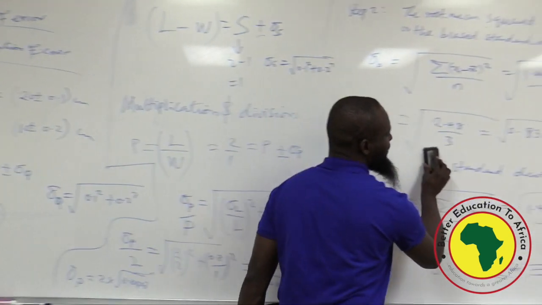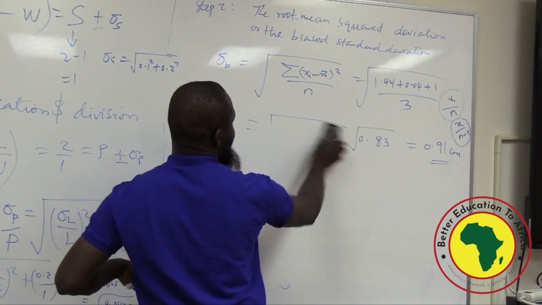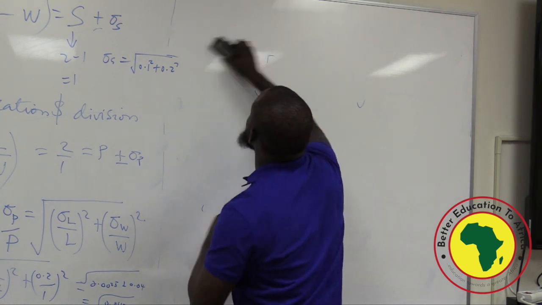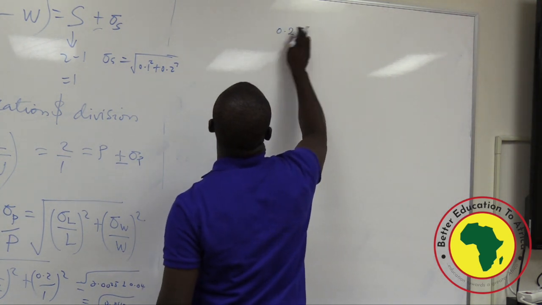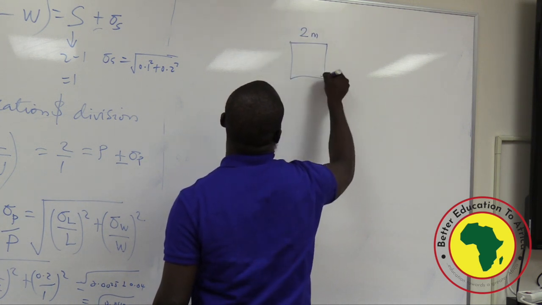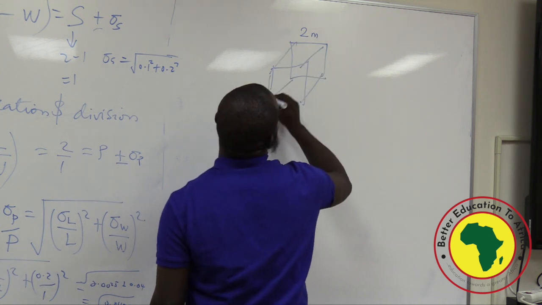But we'll have a power for the error. For example, say we have to calculate the volume of a cube, okay, of sides 2 meters. So we'll have a cube like this, okay. So this is a cube, say, of side 2 meters.